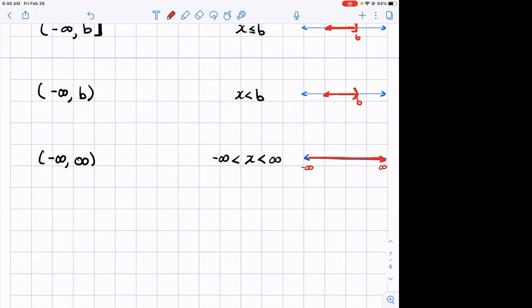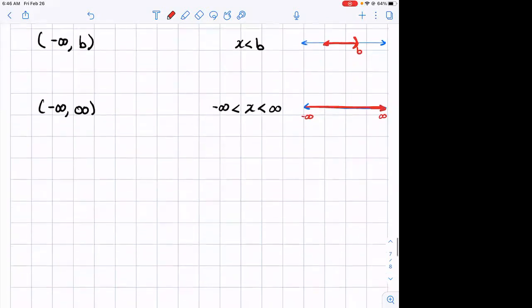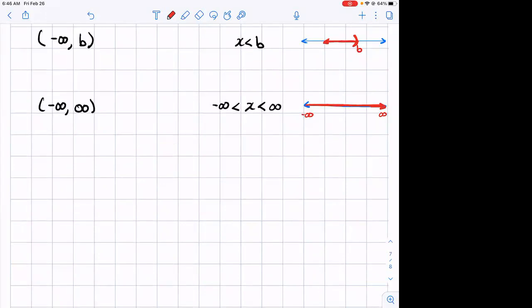More importantly here, you have to know how to interpret intervals. This is very, very important.